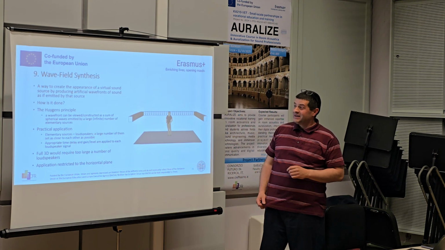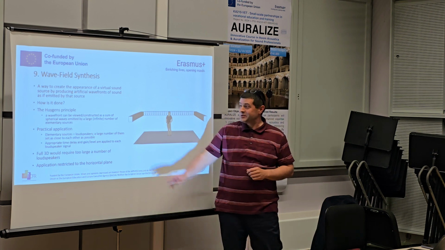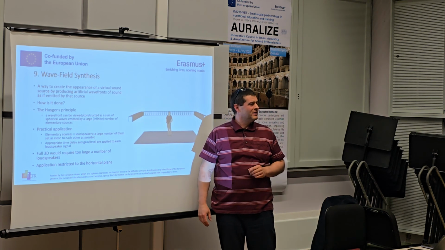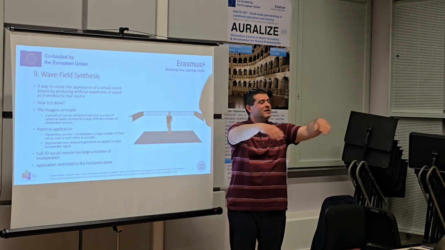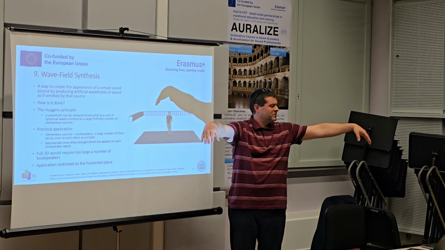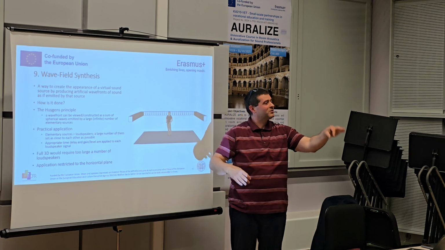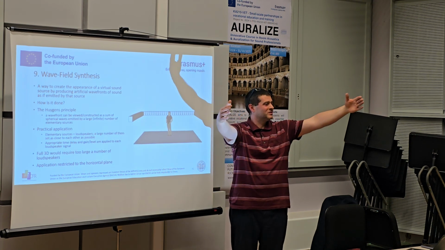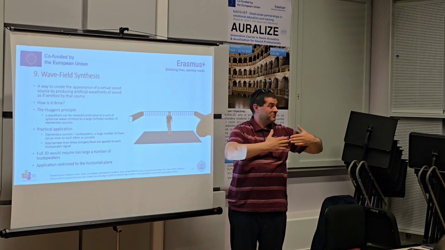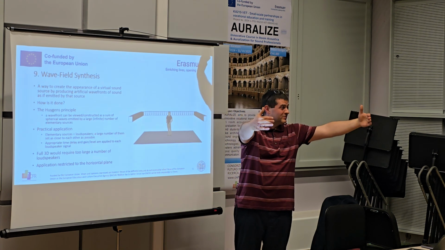So how is this done? Well, this uses something called the Huygens principle. So if you have a source, you have a sound spreading from it, propagating, you can define something called wavefront. If you throw a rock in the water, you see circular waves spreading out. So each of these waves can be called a wavefront.